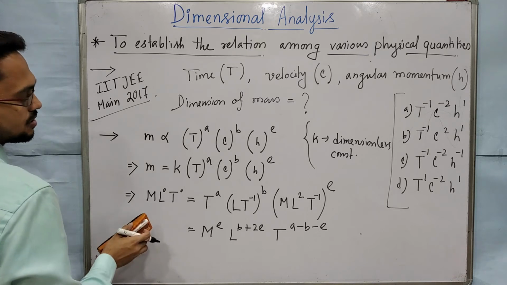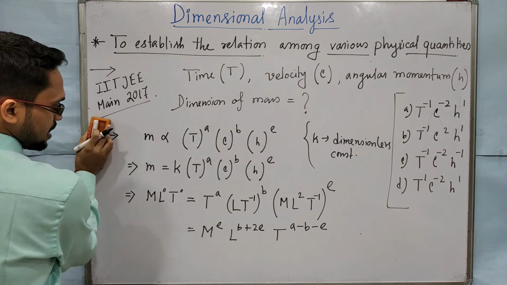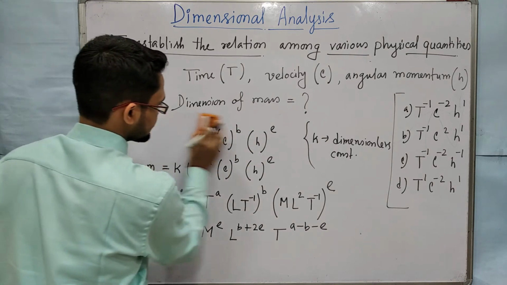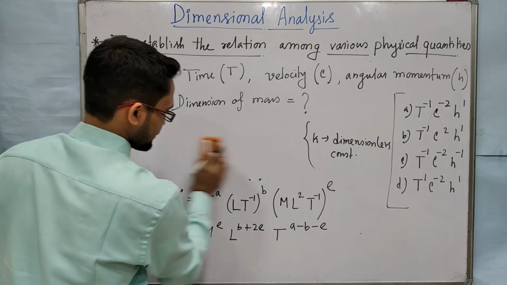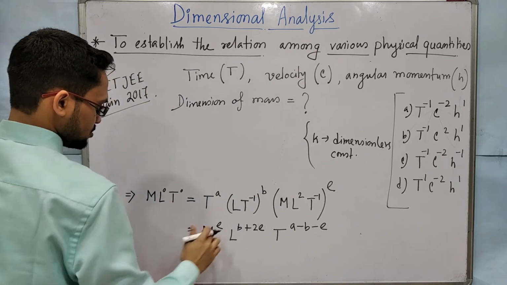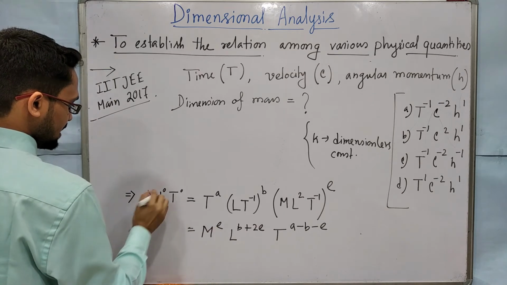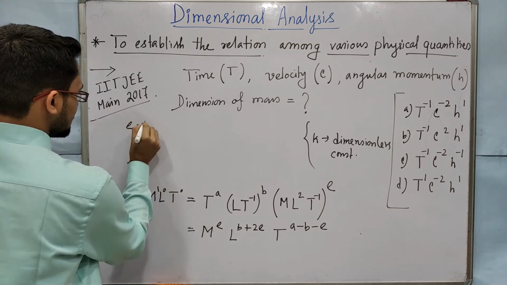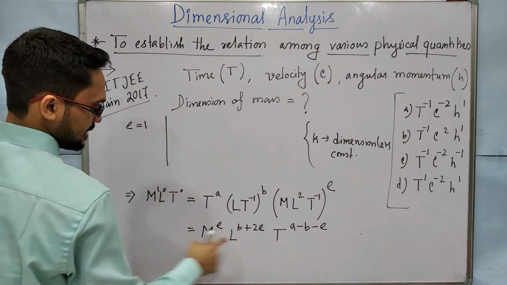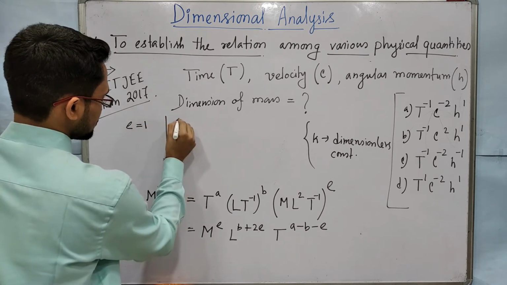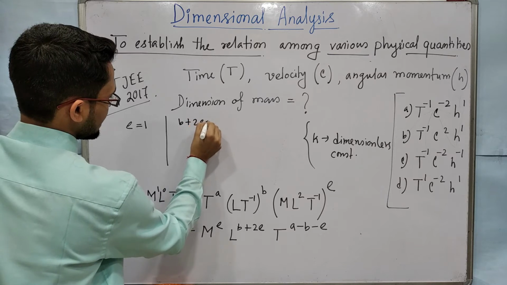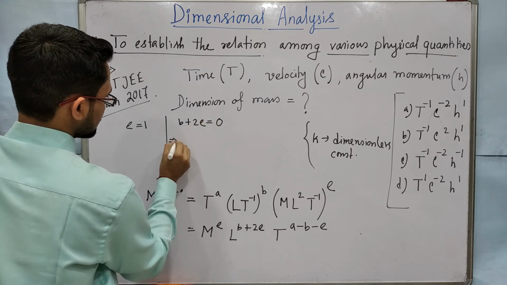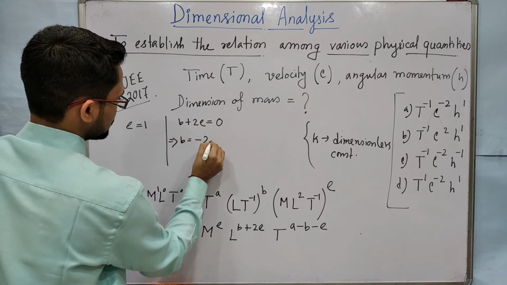I am erasing this upper part. So m means 1, so E equal to 1. First equation, E equal to 1. Second, B plus 2E equal to 0. So B equal to minus 2E.